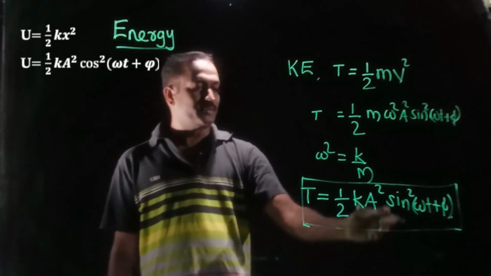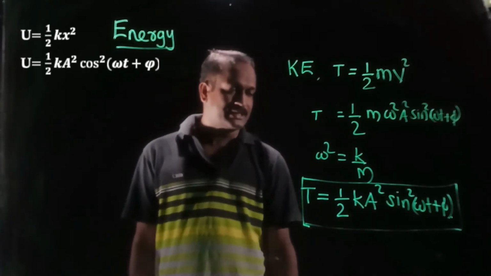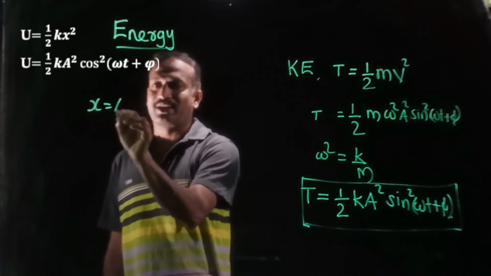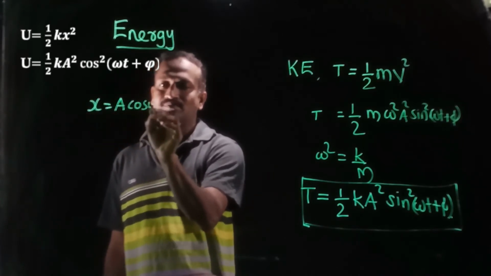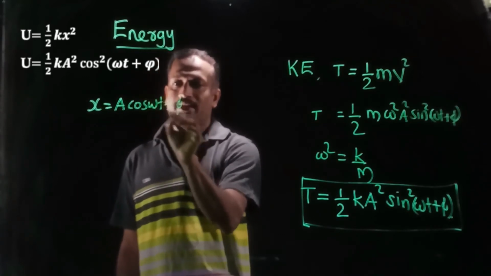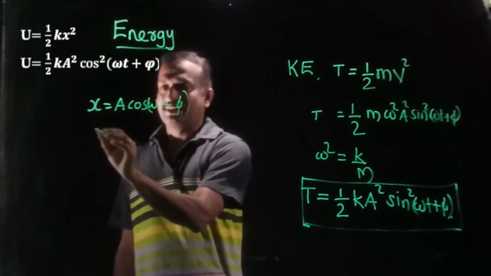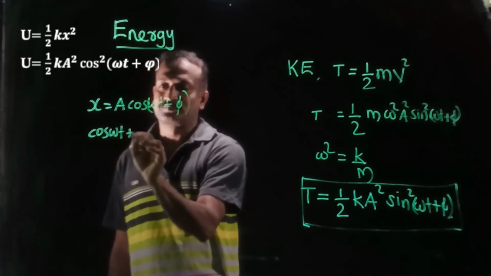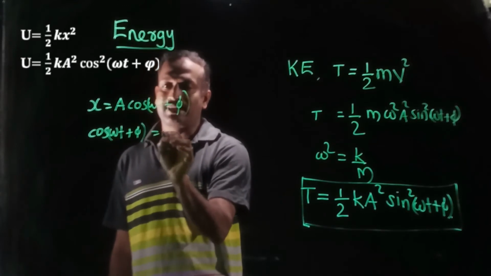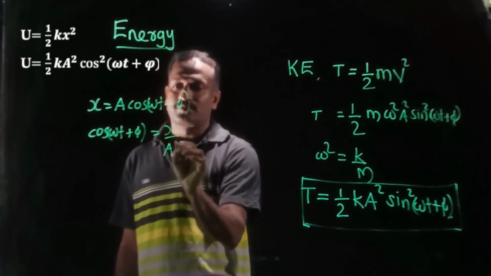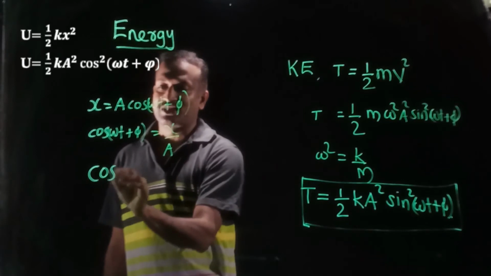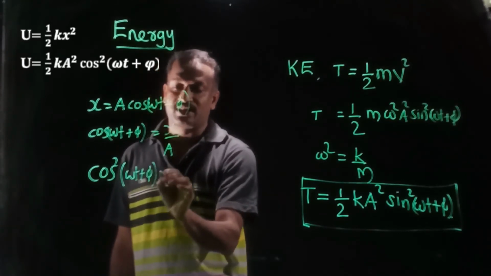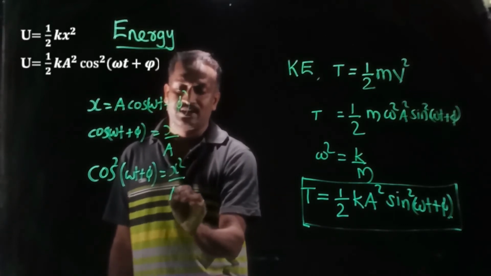And this sin square(omega t plus phi) we can write in terms of x. We have x is equal to a cos(omega t plus phi), that is, cos(omega t plus phi) is equal to x by a, or cos square(omega t plus phi) is equal to x square by a square.